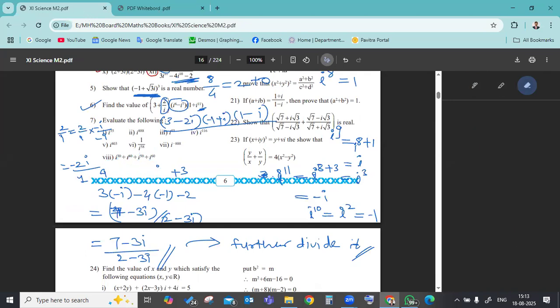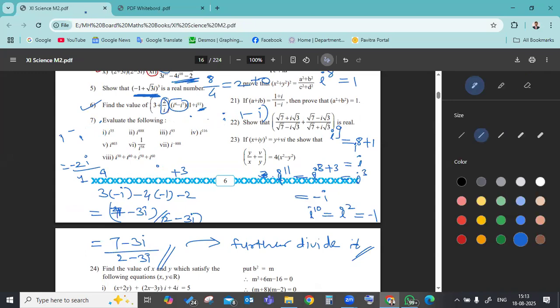Now help me in simplifying these numbers. This one first, I raised to 35.